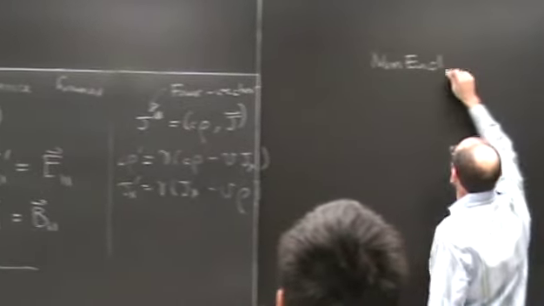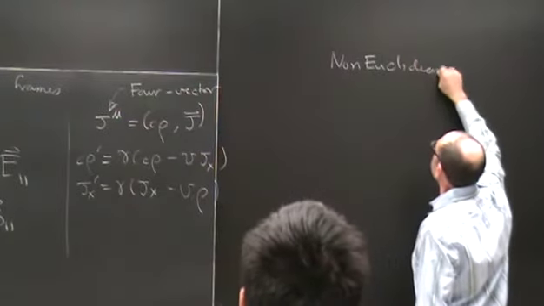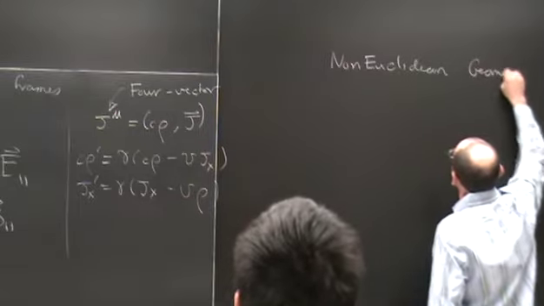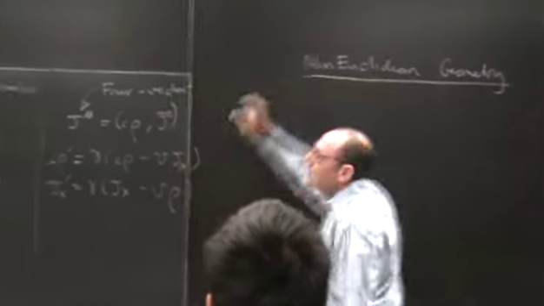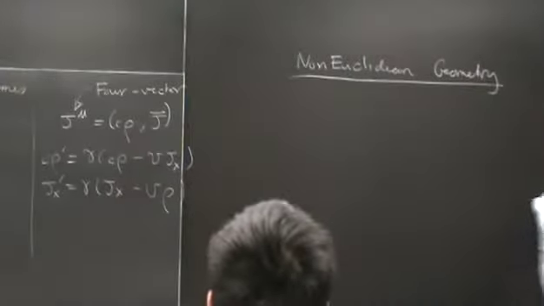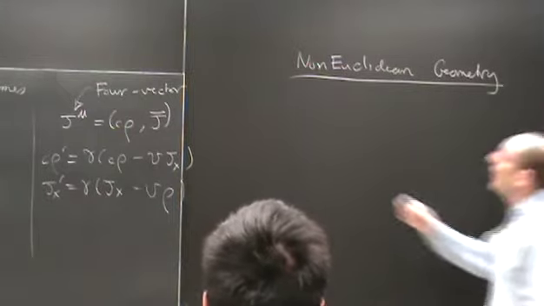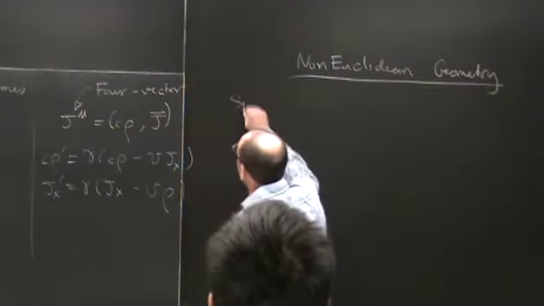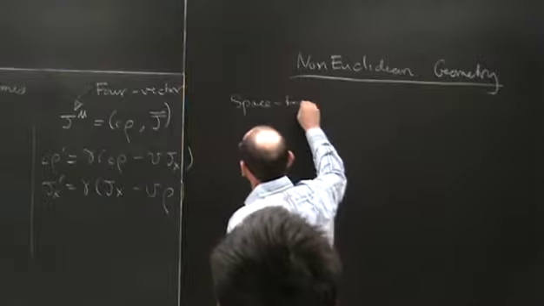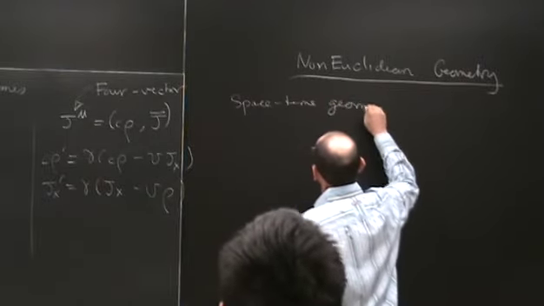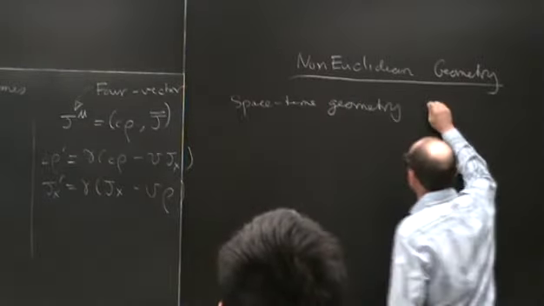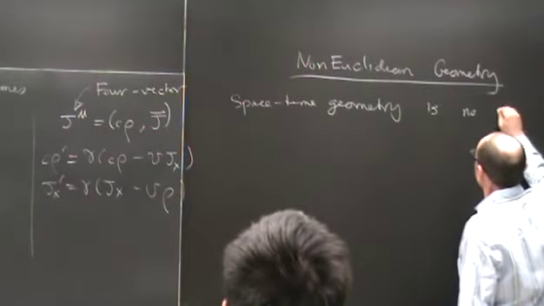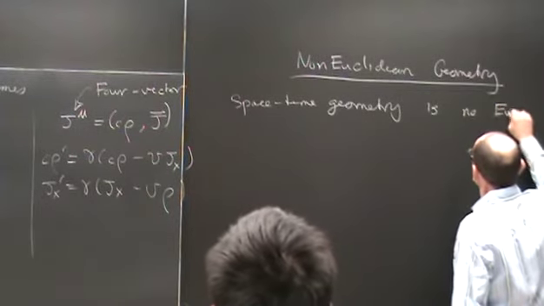So why do we have to worry about non-Euclidean geometry? Well, what motivates this is the fact that what we find is that space-time geometry is not Euclidean. Why is that?